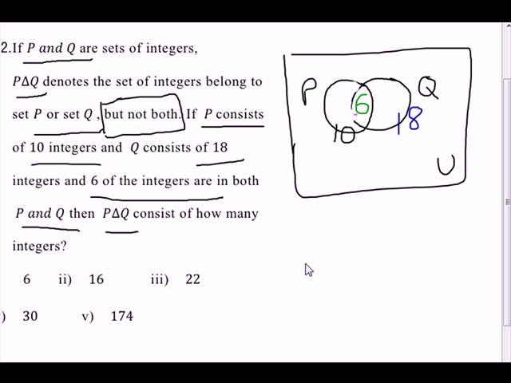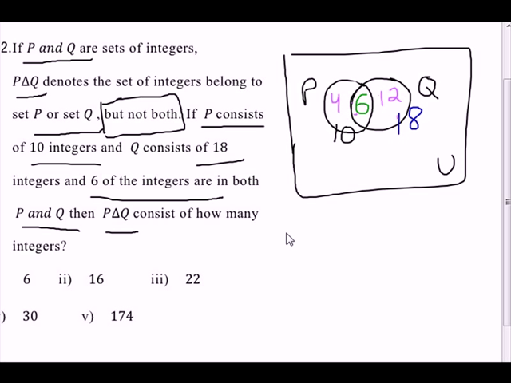So essentially there are 4 elements here, and similarly the number of elements that belong only to Q and not to P is 18 minus 6, which is equal to 12. So again, just to put it a little more neatly, let me take out this. So 18 minus 6 was 12.